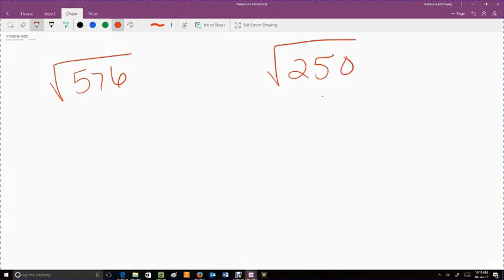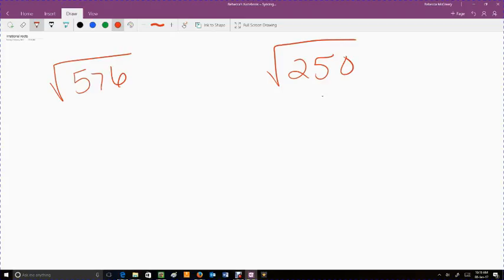Previously, we talked about how to find square roots of general square numbers like 25 and 36. We've talked about how to find square roots of what I call composite squares, where you have a couple of squares that have been multiplied together. Like here we have 576. And really, this is a square itself.